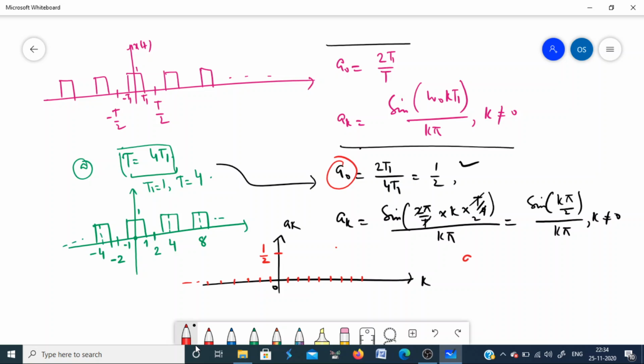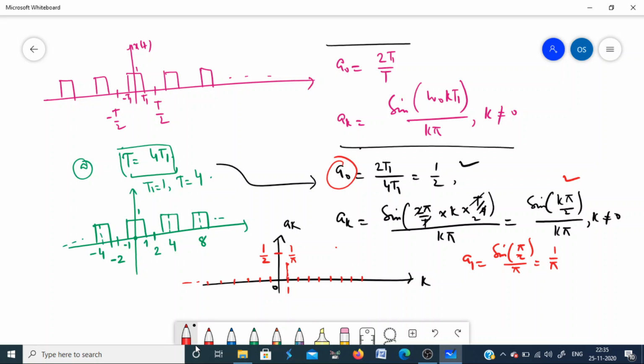What will be a1 from this equation? When you put k equal to 1, you get sine of pi by 2 upon pi. Sine pi by 2 is 1, so it is 1 by pi. So at k equal to 1, the Fourier series coefficient is 1 by pi.